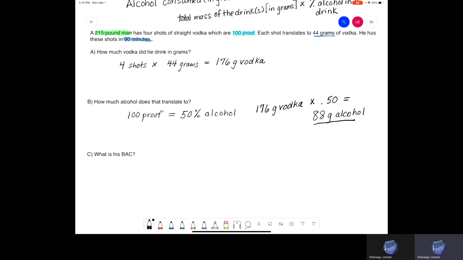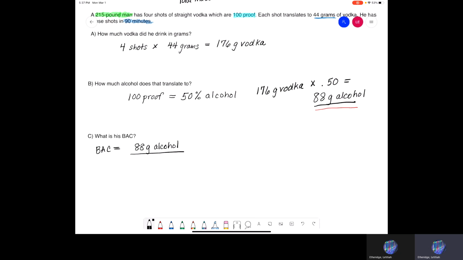Okay, so now we are going to calculate his BAC. The number that we're going to use is the 88 grams. Let's go back to our original equation. The BAC is going to equal our grams of alcohol. If you need to refer back to the equation, just flip back to the first page. That's divided by my man's weight in grams.